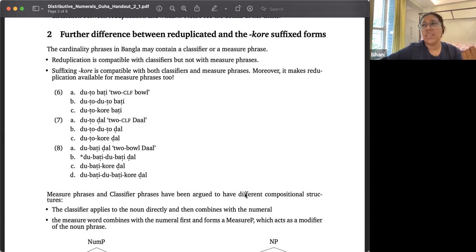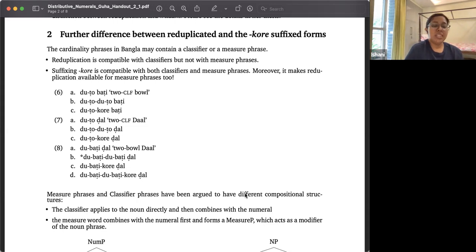Measure words are container words like bottle, box, etc., and also measure words like kilogram and liter, all of those things, inches. Whereas classifiers are particles that are not easily glossable into some content word, right? For example, take Bangla ta, it doesn't really have any meaning beyond its grammatical purpose.